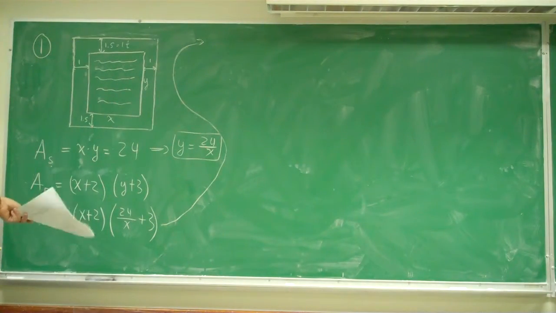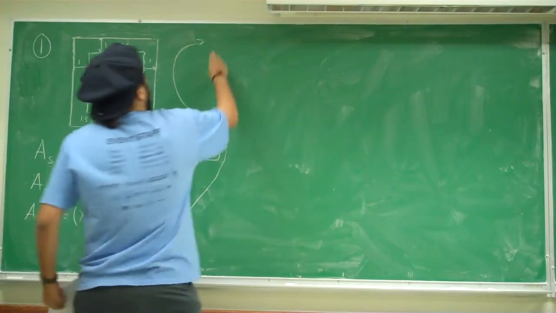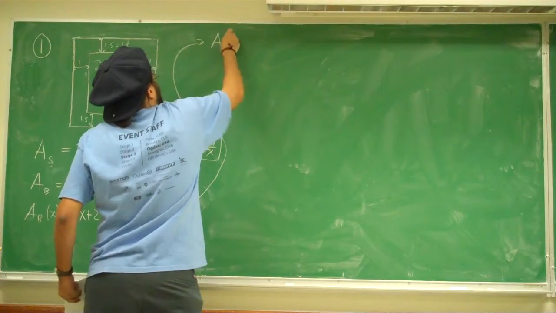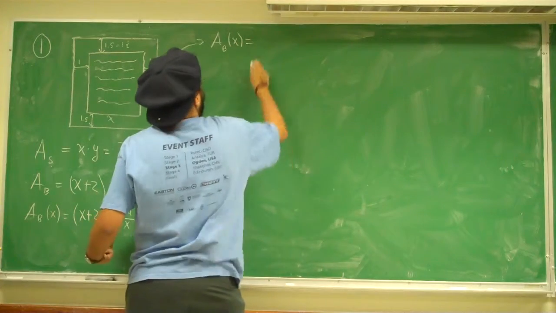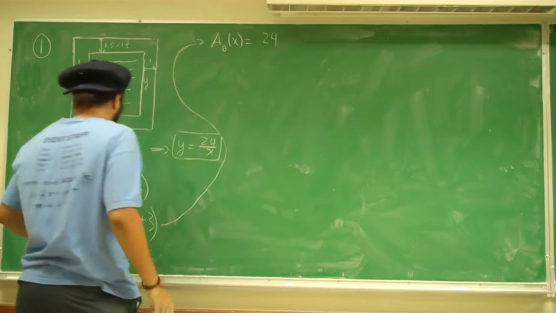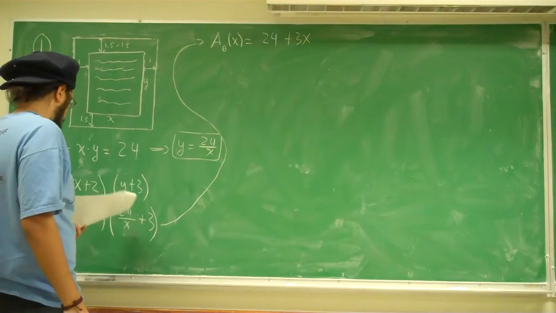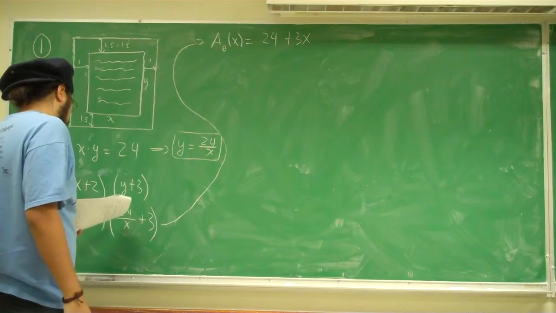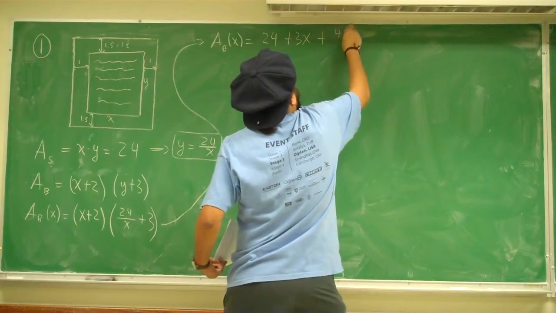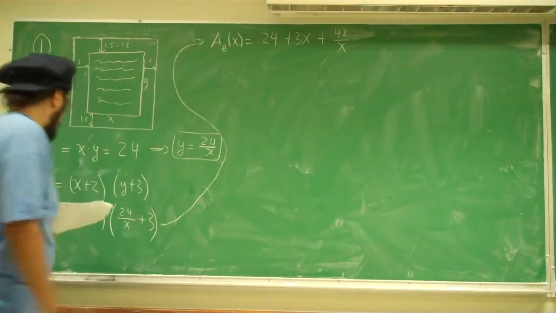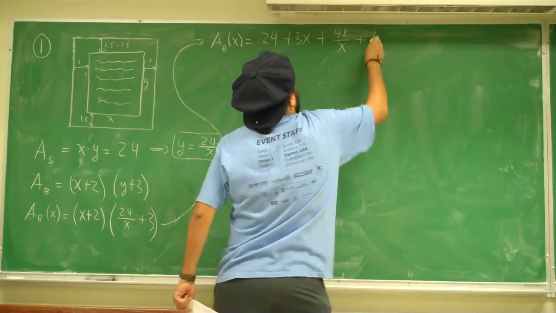Okay, we want to take the derivative of this, but first I want to do some algebra and simplify this. So let's go ahead and distribute. So we have area of big of x is equal to 24, plus 3x, plus 2 times 24, so that's 48 divided by x, and then 2 times 3, that's plus 6.